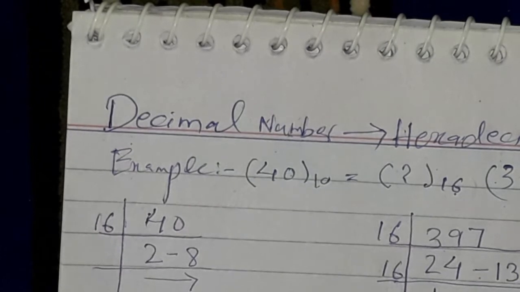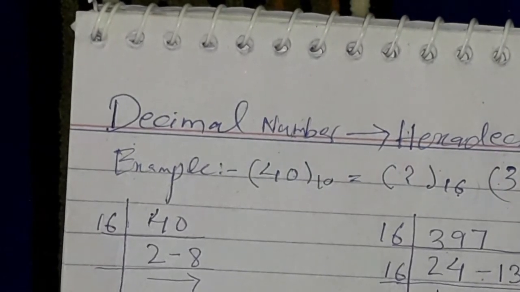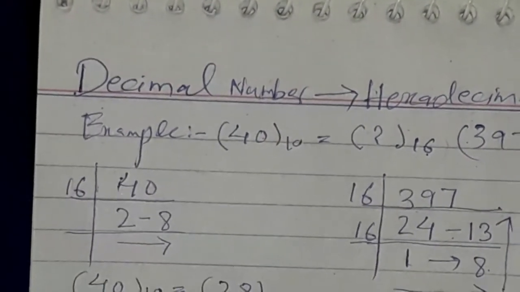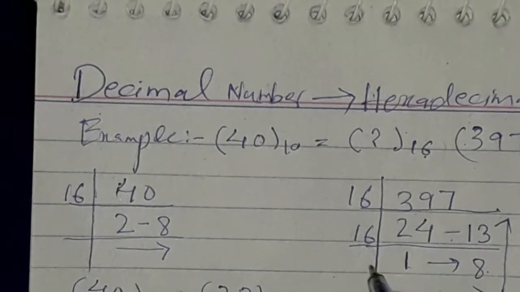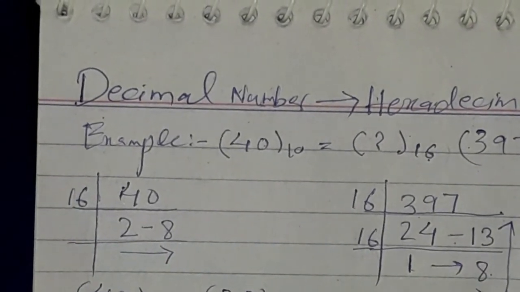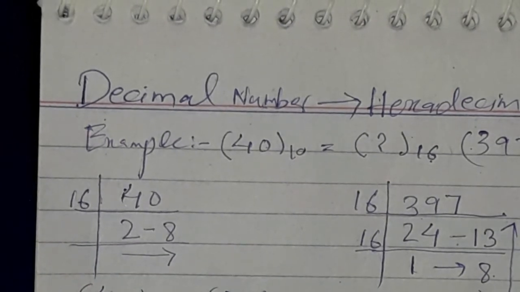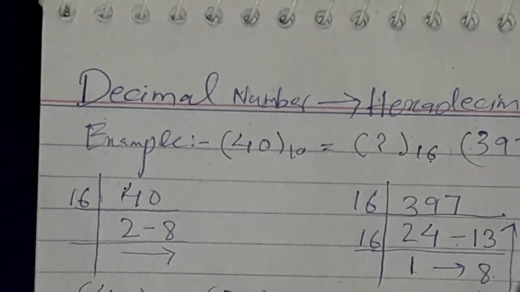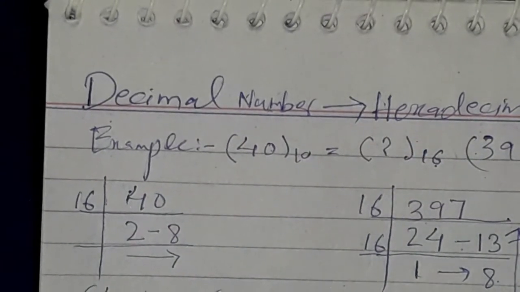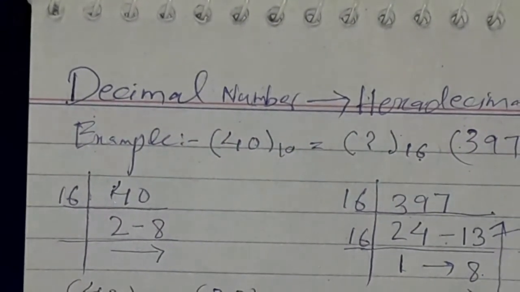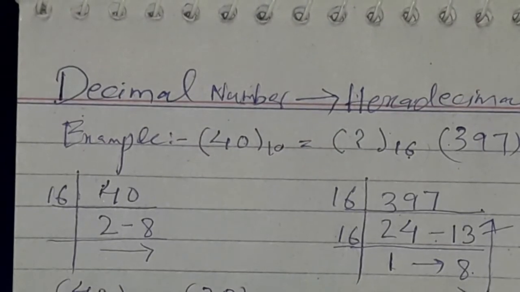Again 24 is divided by 16. Then 16 ones are 16 and 8 is the remainder. So 1 cannot be divided by 16. So 1, 8 and D is the answer in hexadecimal number. Like this, for 13 we will use D.